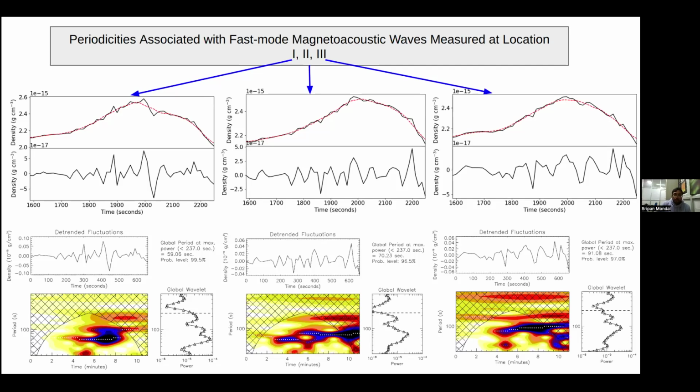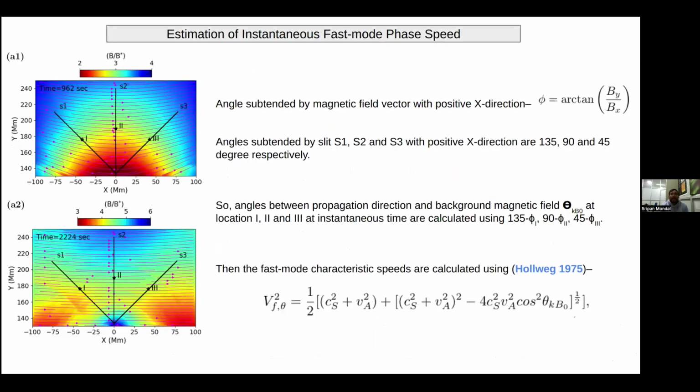Since the background is itself changing with time, also from A1 and A2 we can get a signature that the magnetic fields, which are these magenta lines, are changing their orientation with time.